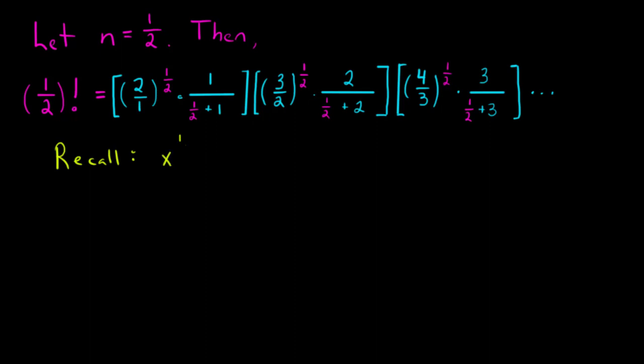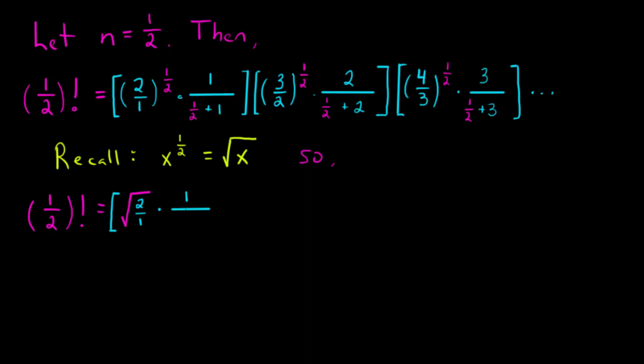And now we have to recall, what does it mean to raise something to the 1/2 power? Well, remember, x to the 1/2 power is defined to be equal to the square root of x. So I'm going to rewrite this. 1/2 factorial equals, open brackets, the square root of 2 over 1 times 1 over 3/2. I've just combined 1/2 and 1 there.